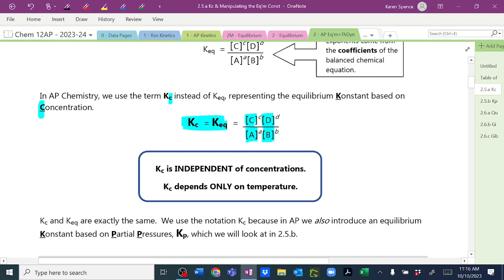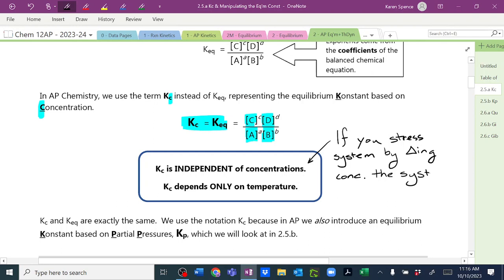Kc is independent of concentrations. What does that mean? If you stress the system by changing concentration, the system will... by the way, that delta, changing.